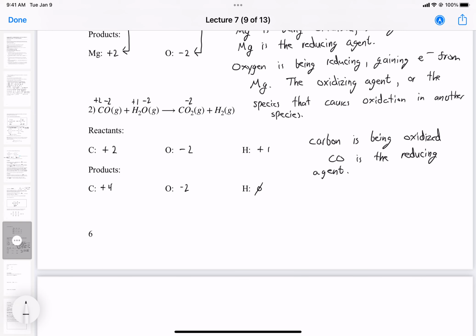And then hydrogen here. So we see here hydrogen is going from +1 to 0, and carbon is going from +2 to +4. So we say here then hydrogen is being reduced.